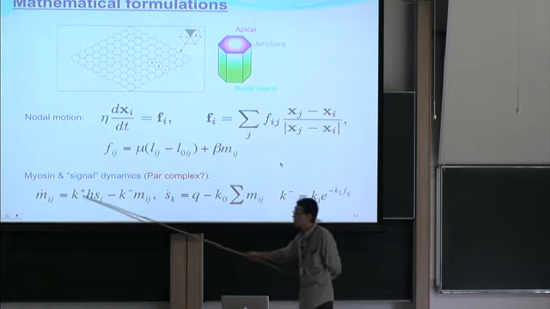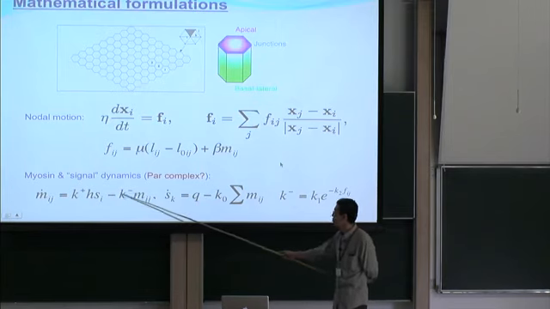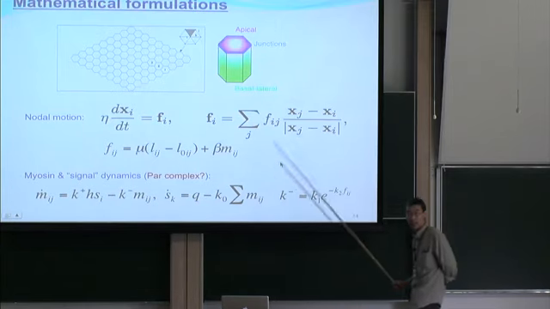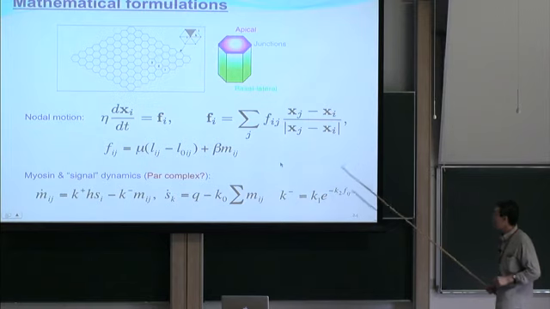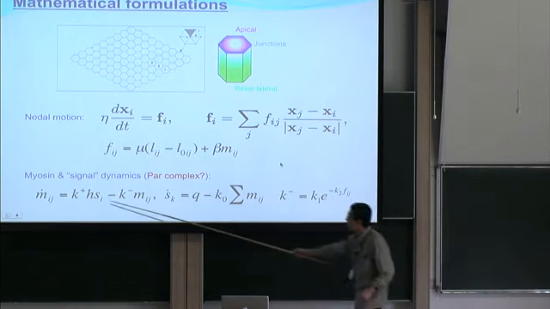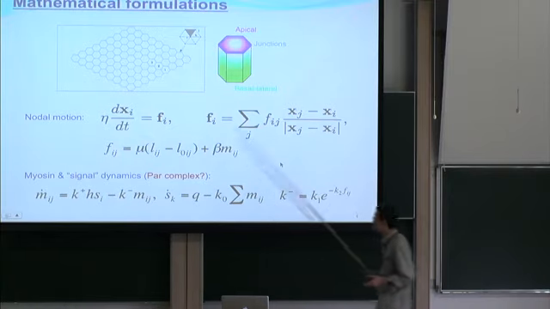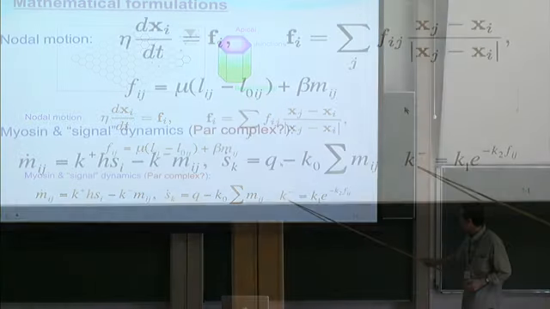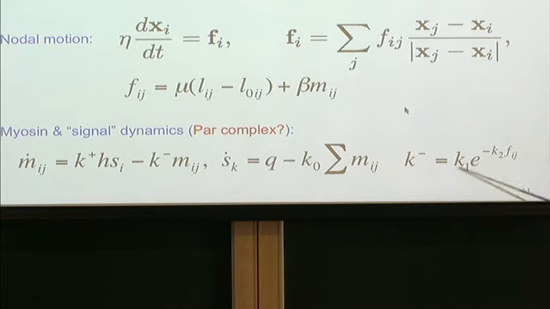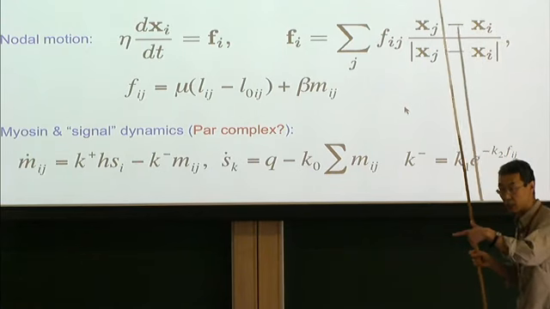So there's an on rate, and then there's an off rate that's proportional to the amount of myosin that's already on the network. And it turns out this on and off rate are very important to the predictions of the model. For the off rate in particular, we have an Arrhenius type of dependence on the force. That's to code the well-known observation that whenever you have strong tension, that would discourage the detachment of myosin. Myosin motors can become stalled and get stuck on the filament.